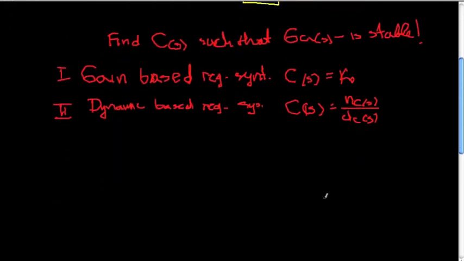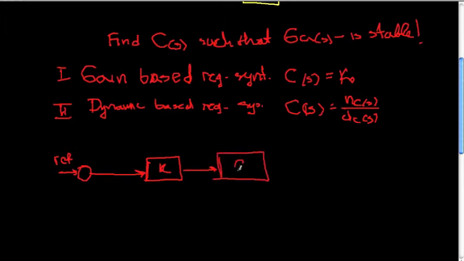And in the first, we just claim that in general, simple gain feedback can be utilized to stabilize the system and to ensure the closed loop system stability.